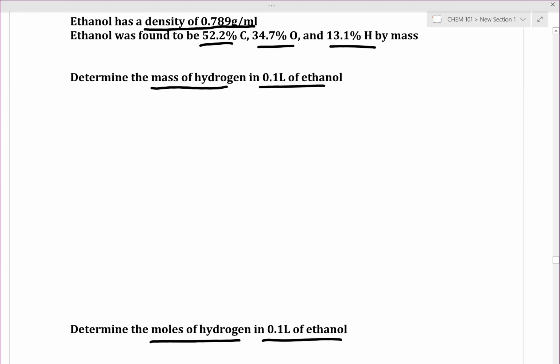Everything going okay? The setup was fine. But let's be specific here. Grams of what? Ethanol. Can you go from grams of ethanol to grams of hydrogen? You have the mass percent.